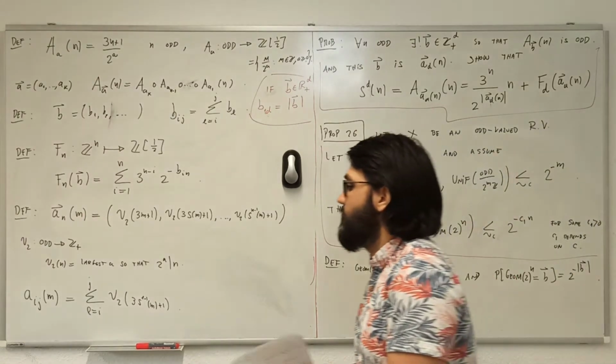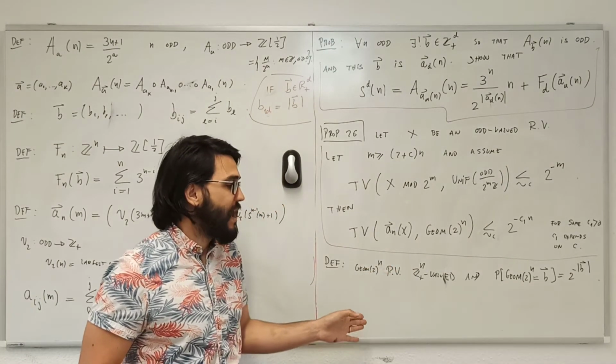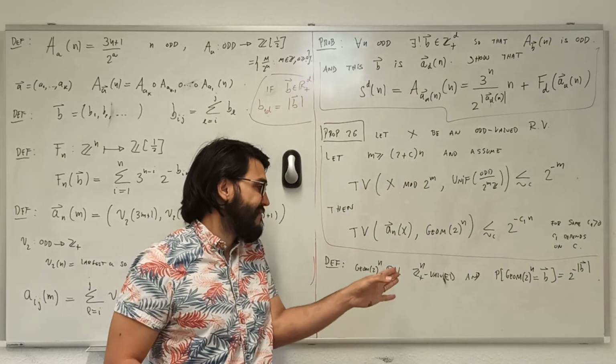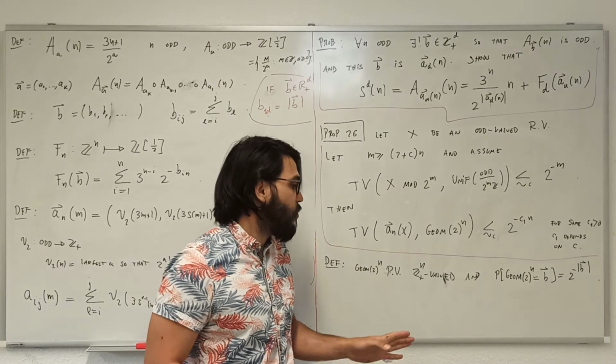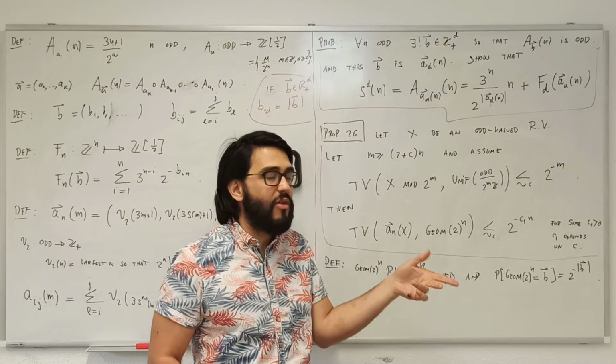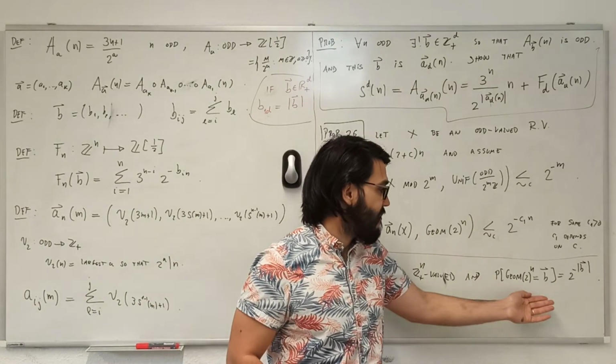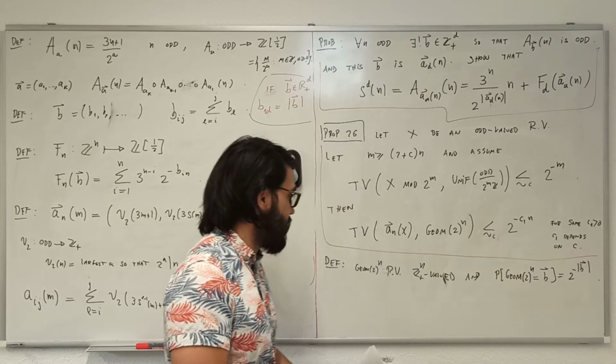Okay, so it's just a geometric distribution. If this was the integers, it would give weight half for 1, it would give weight 1/4 for 2, and it would give weight 2 to the minus n for the integer n. Okay, and this is just a high dimensional version of the geometric distribution.